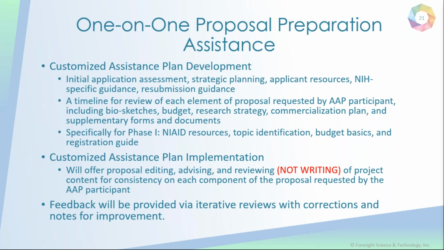So we are not providing grant writing services, okay? And we are not going to look for new information. We can suggest where you can search for additional information. We can guide you to particular sources of information, but we are not going to write parts of this application for you. This is a very, very important thing.